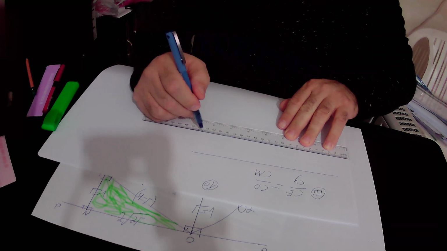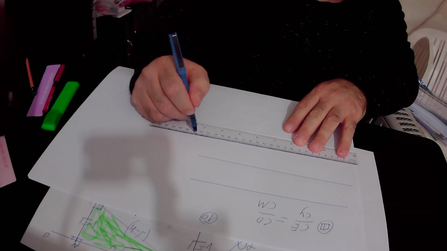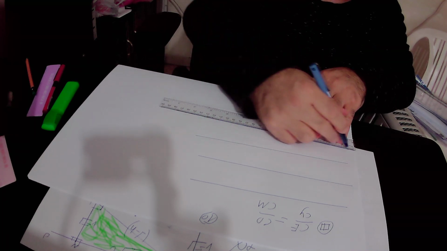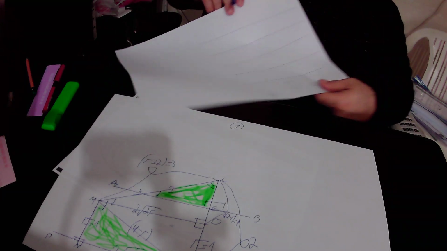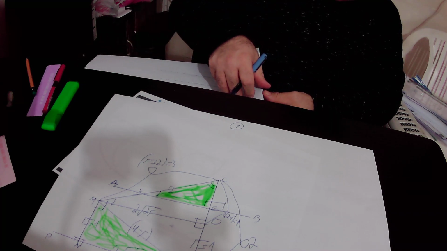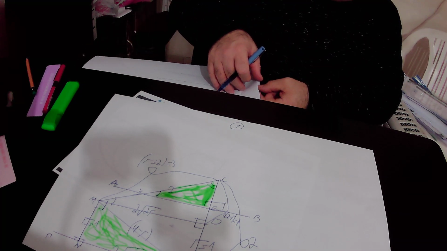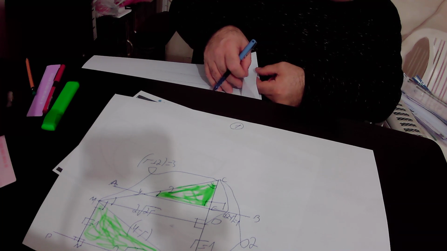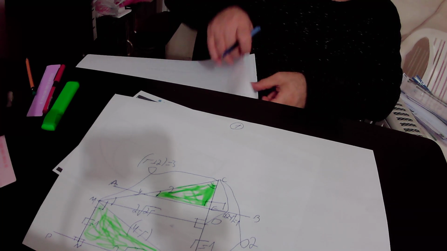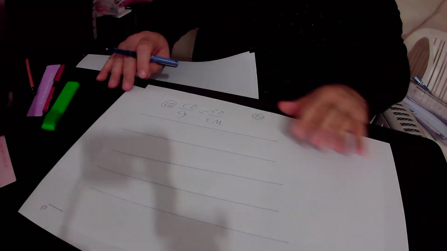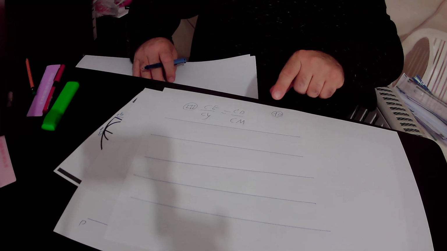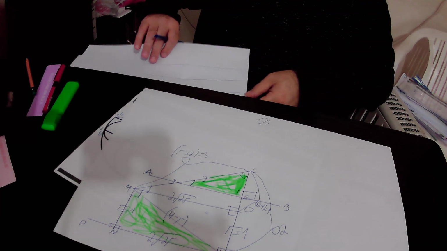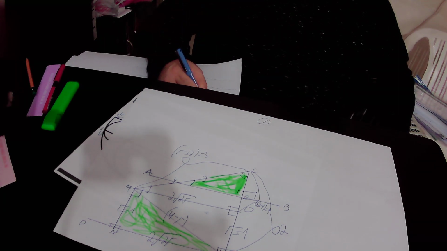Okay? Again, we conclude that CE over CY equals CD over CM. So CE over CY.